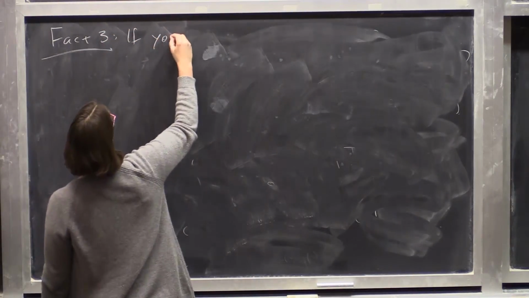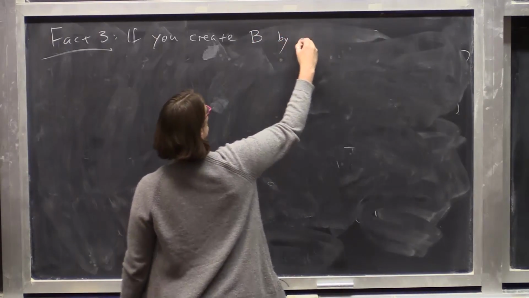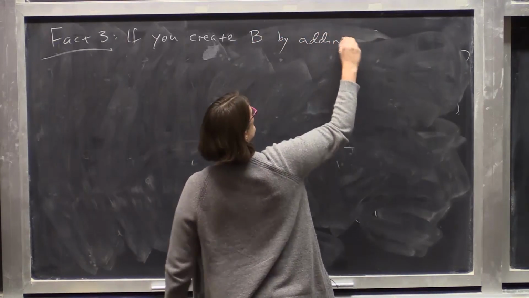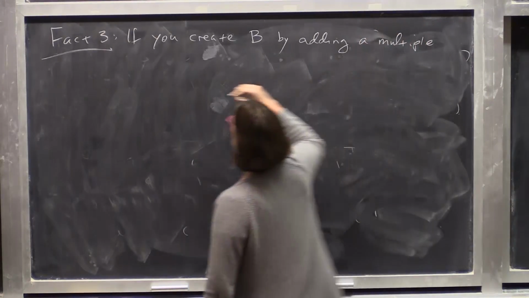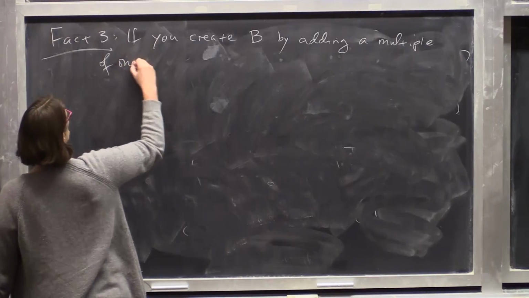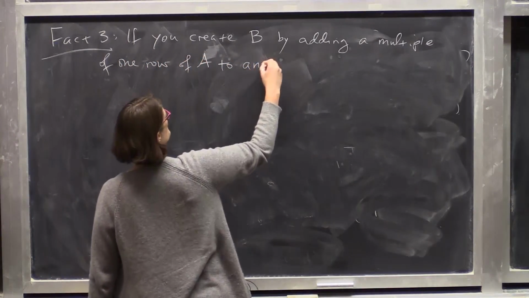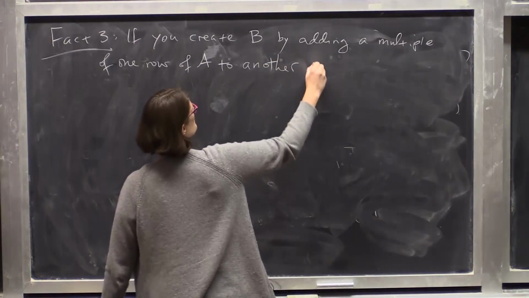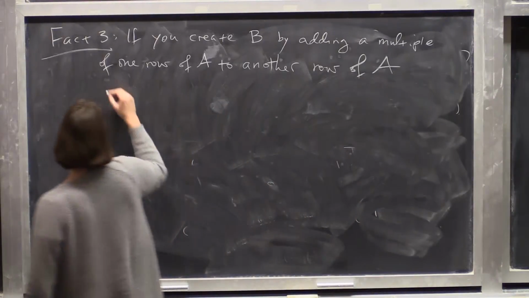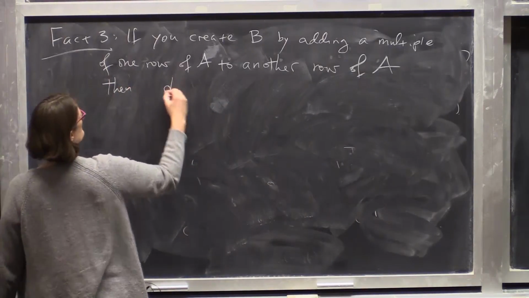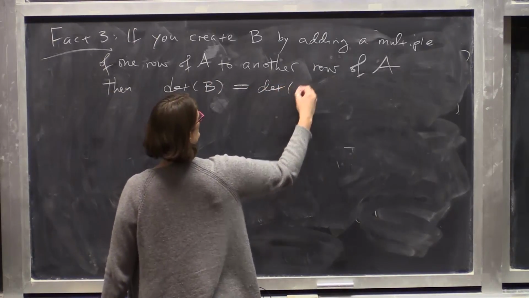If you create B by adding a multiple of one row of A to another row of A, then the determinant of B equals the determinant of A.